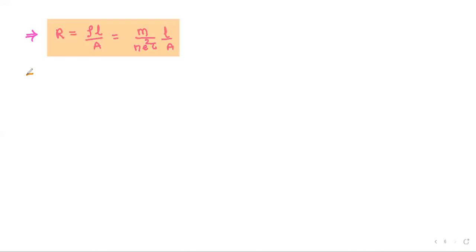And that implies R is directly proportional to L by A.